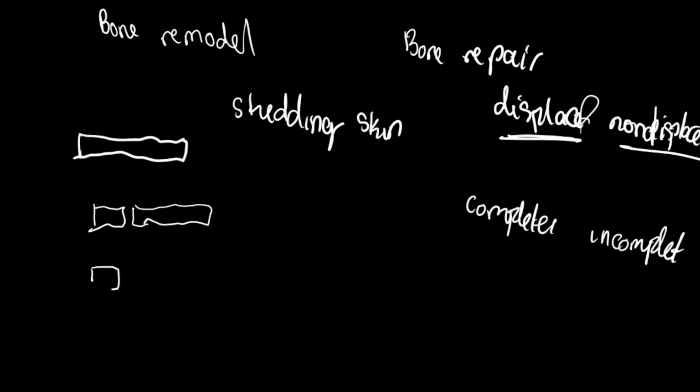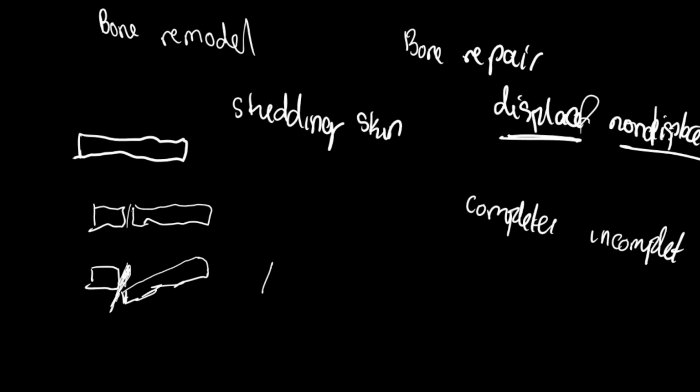However, if we have something like this with the bone leaving its original position, then this would be displaced. Now, completeness: both of these fractures depict a complete fracture. So the bone is actually completely broken.